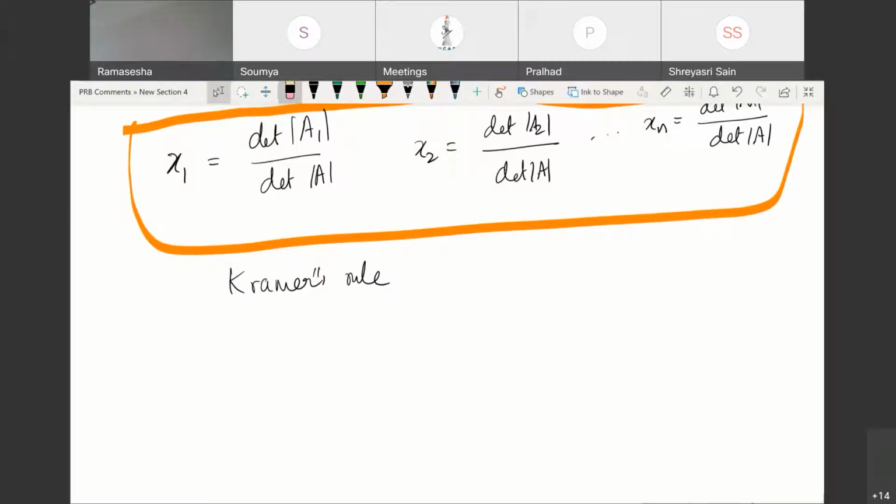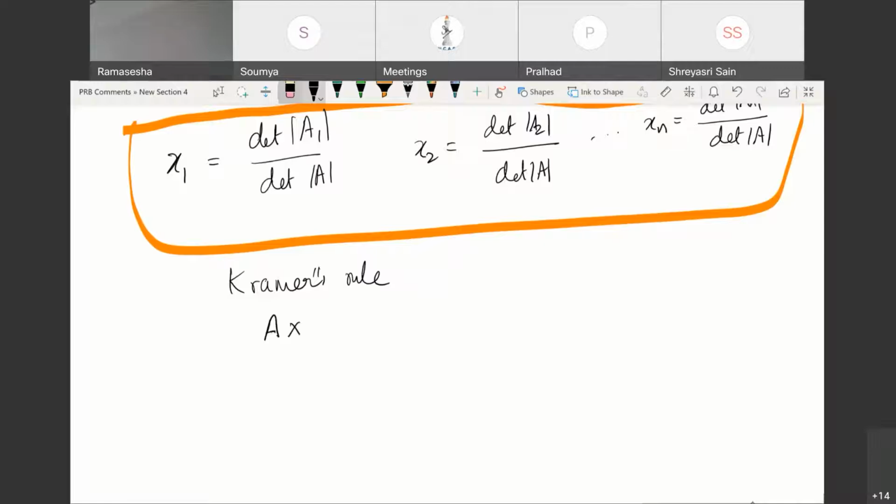So what I will do is the following. I will write down in the following fashion. I have AX is equal to B was what I had. Okay.